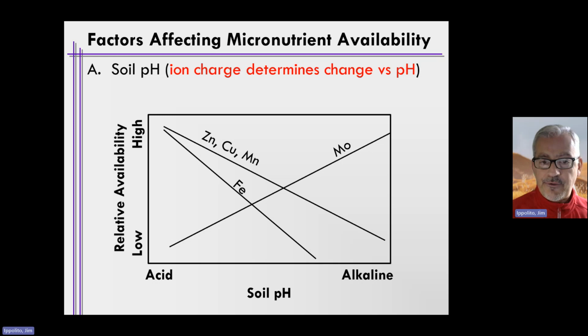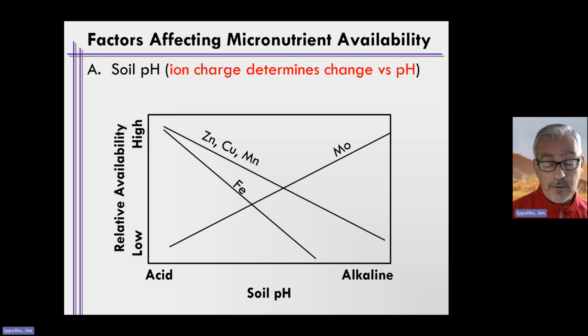Similarly, we can describe how iron interacts when pH changes. You'll note that the slope of the iron line is different from zinc, copper, and manganese, and it is steeper. For every 1 pH unit decrease, the increase in availability of iron is 10 to the charge of the iron ion itself, which is +3 in most of our soils.